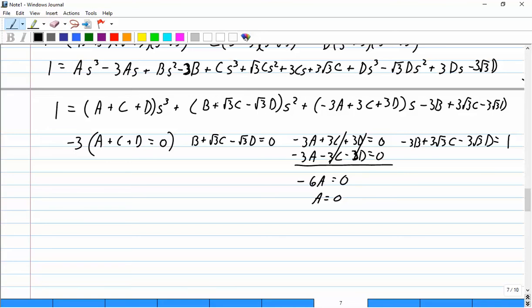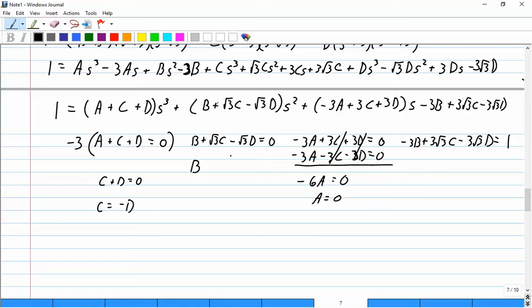Okay? So now we know that c is equal to negative d. We do know that, don't we? Because if you plug it back in the first equation, you'd have c plus d equals 0, so c is equal to negative d. So if that is true, we can take the other two equations and plug in negative d for c.